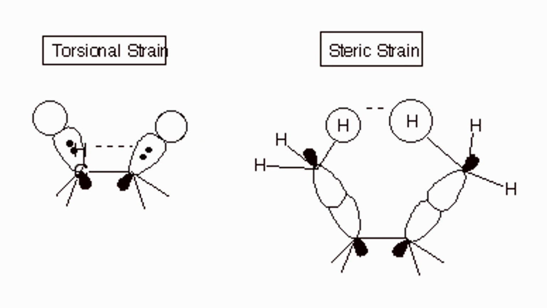So we can see here the difference between torsional strain, where we're focusing on the electron pair that's in the bond. So in this case, on the left, the torsional strain, we're looking at a carbon-hydrogen bond. That circle that's unlabeled is a hydrogen. And so in that carbon-hydrogen bond, we can see that there's a pair of electrons.